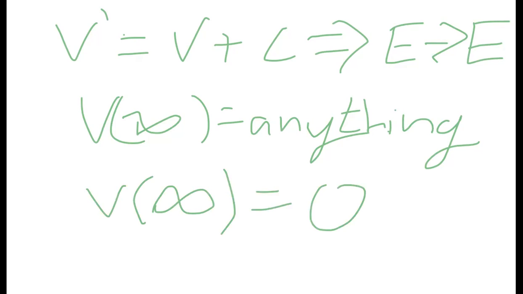There's a few reasons why we might set V infinity equal to 0. The most intuitive argument is probably if I'm infinitely far away from my charge, nothing's happening. I shouldn't have any energy due to my relationship with a charge that isn't actually acting on me, right? If there's no force on me due to that charge because I'm so far away that that force doesn't matter, that shouldn't affect my energy.